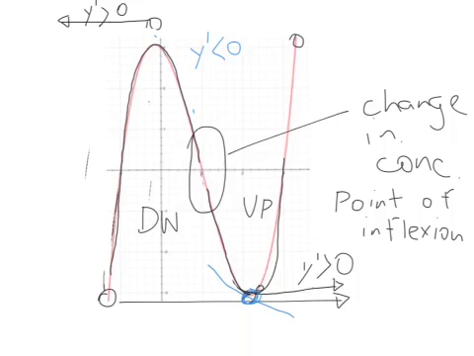So over here what we could say is everywhere to the left of this point y double dash is less than 0, and everything to the right of this point y double dash is greater than 0. And by looking at the second derivative we can actually work out what's going on with our curve in terms of its concavity.